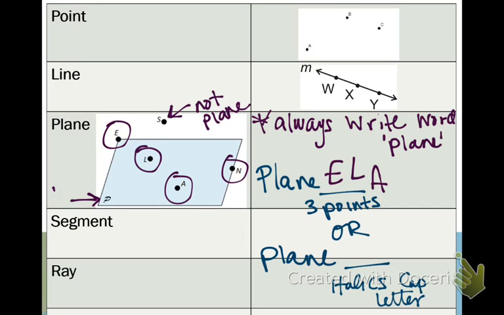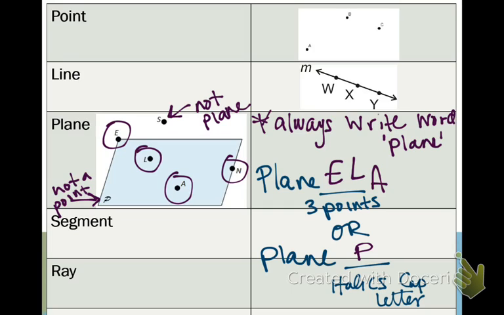And then this letter P is not a point. It does not have a dot. That's really the main reason. And it's in italics. So that would be our second option, plane P. And we get that from this P in the corner.